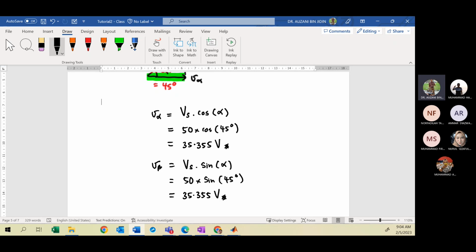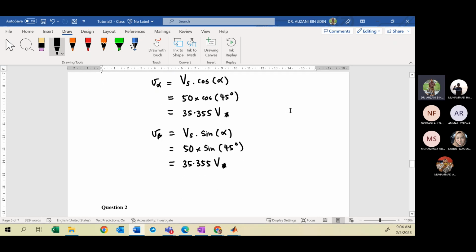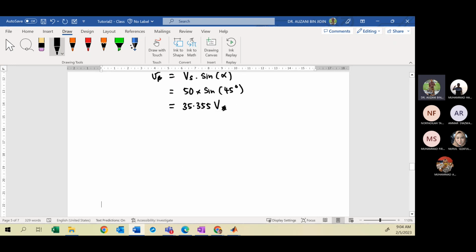Then after you calculate the V alpha and V beta, you can substitute all the calculated values into equations 7, 8, and 9. Okay, sorry, then you have to use equations 7, 8, and 9 to calculate the on time.